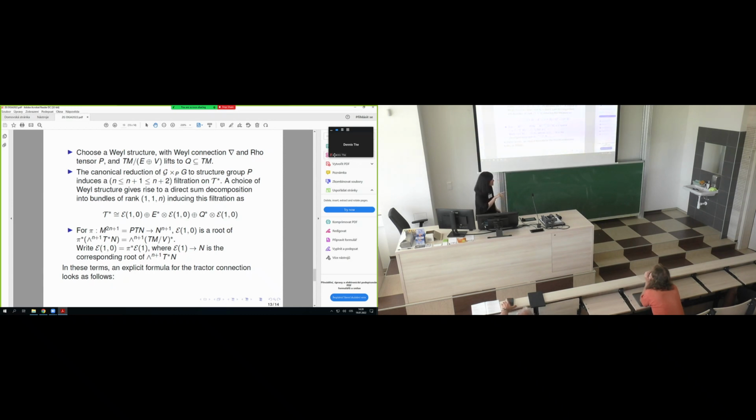Because this principal G bundle naturally reduces to structure group P, the original parabolic bundle, your co-tractor bundle comes with a filtration of ranks 1, n+1, n+2. And then the choice of Weyl structure will give a direct sum decomposition of ranks 1, n, 1, which will also induce this filtration.